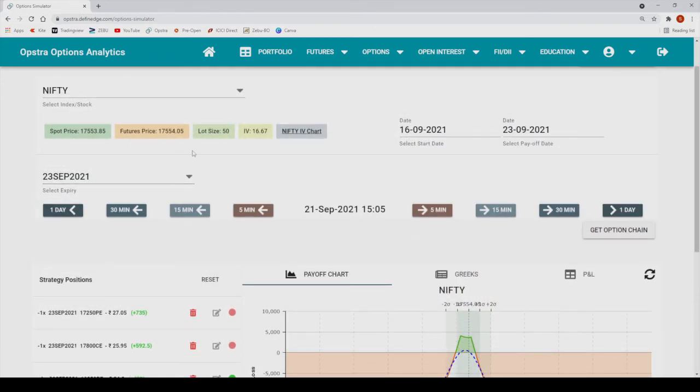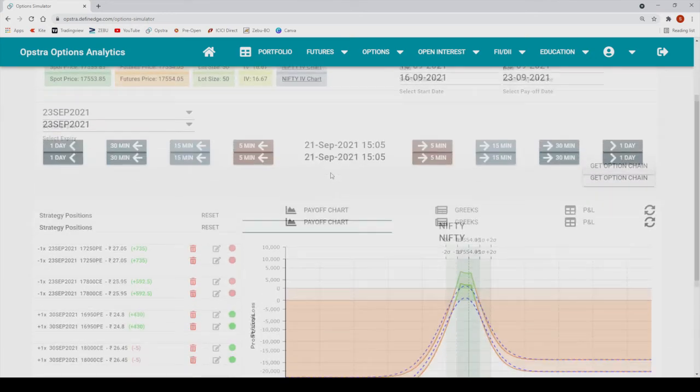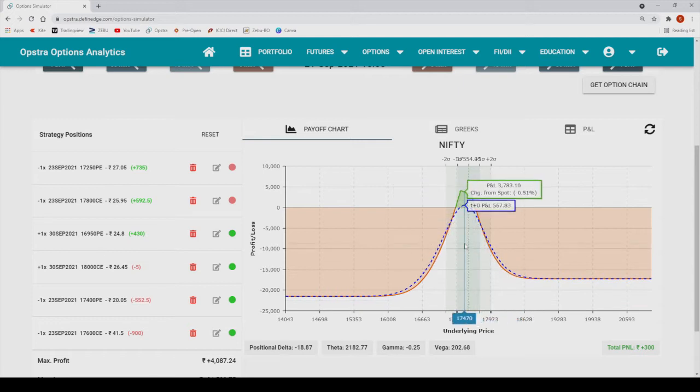Here one thing we need to note down. Whenever the market is moving in one direction and we did some adjustments, then the market reverses and comes to the middle of the payoff chart, we can close the strategy.